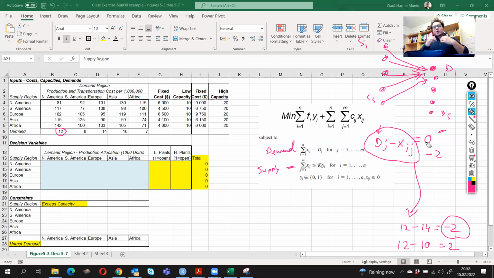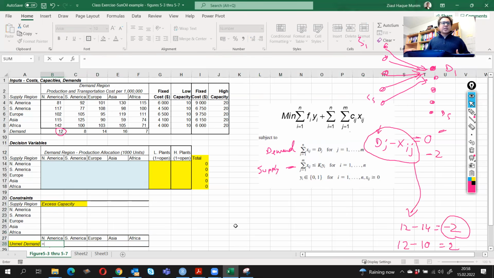So let's say, as we already discussed this, let's put it first. Okay, we will put the supply equation later. So here are our cells for this unmet demand. Actually this part here. So to get the unmet demand for each location, for North America, I will start with the function equal to, I will select the demand for North America minus the sum of all that we will supply to North America.